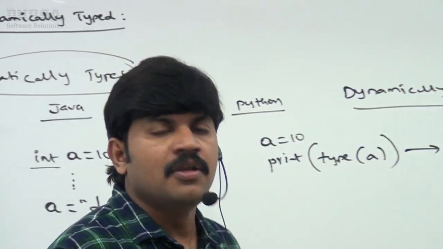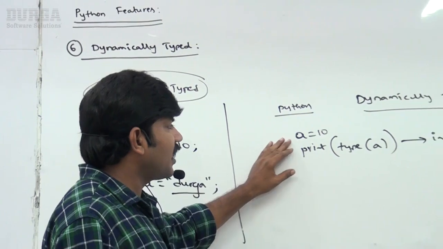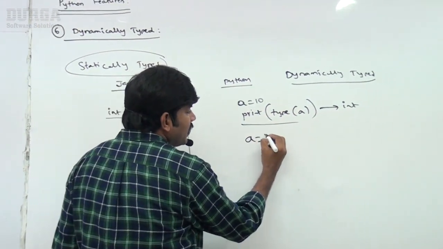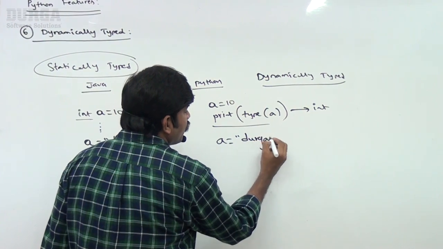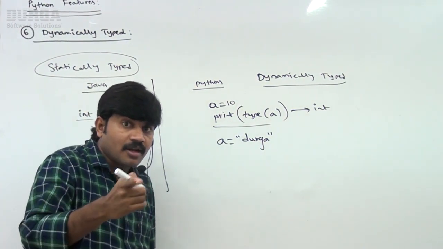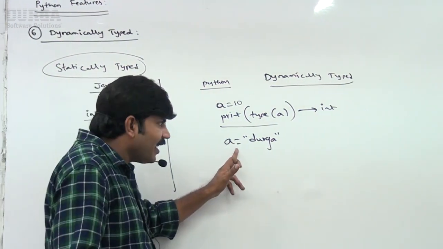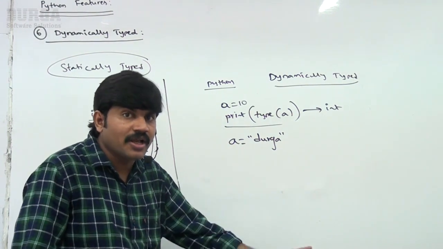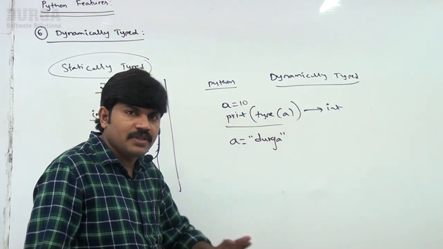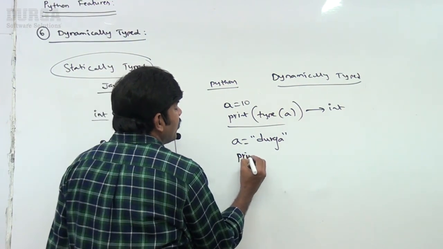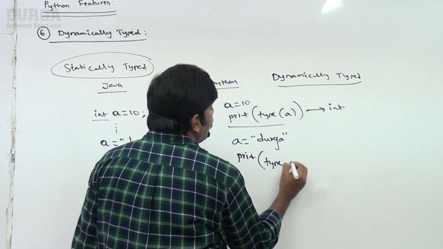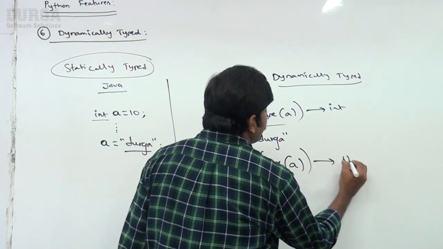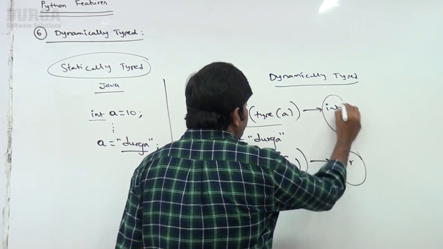No problem at all. We didn't specify the type explicitly. A is equal to an int value. In the next line, I am taking a is equal to Durga. Now onwards, a acts as string type. The int type is overridden with the string type. Print type of a. Now onwards it will become str type.